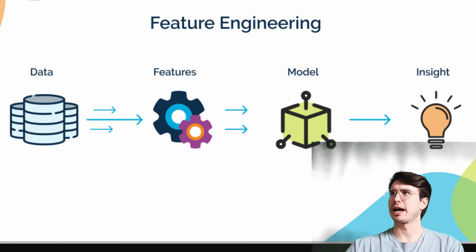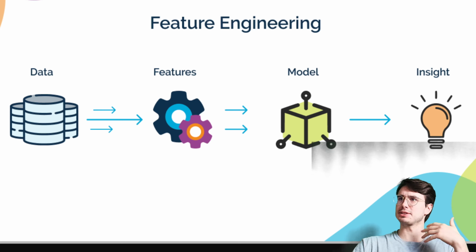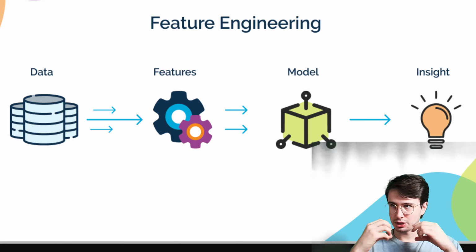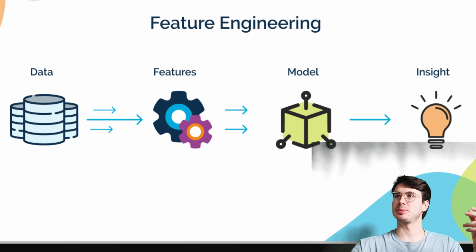And so the next term that gets thrown out, which is crucial for really any machine learning model, is feature engineering. That is the process of identifying the features, or the predictor variables, the variables that you want to use to predict your ultimate outcome. An example of this would be, say, I want to predict someone's credit score.